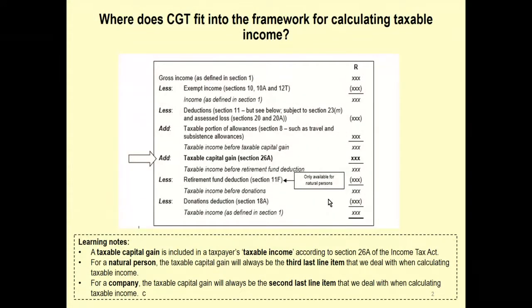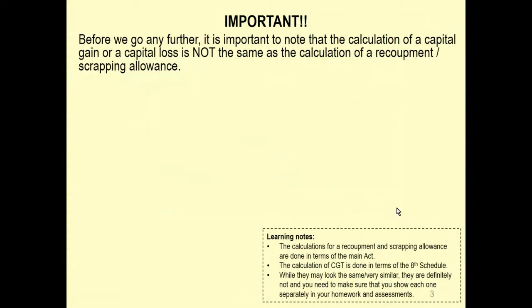Right. So this is where we find capital gains tax and its impact on our taxable income calculation. I also want to remind you, and this is going to be especially important when we get to online test 4, the big one on the 23rd of October: when we calculate the capital gain or loss, we use the rules in the 8th Schedule.